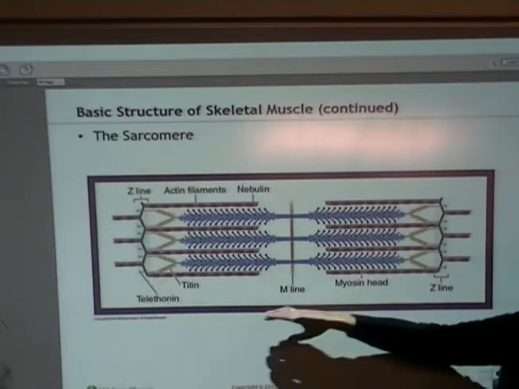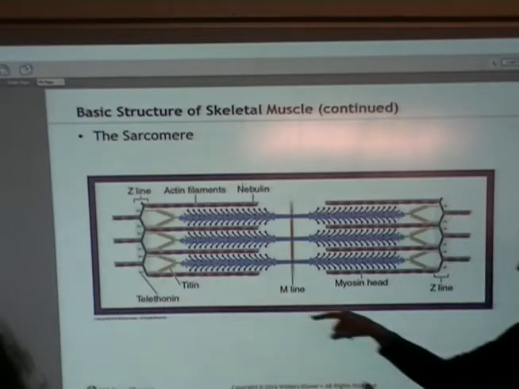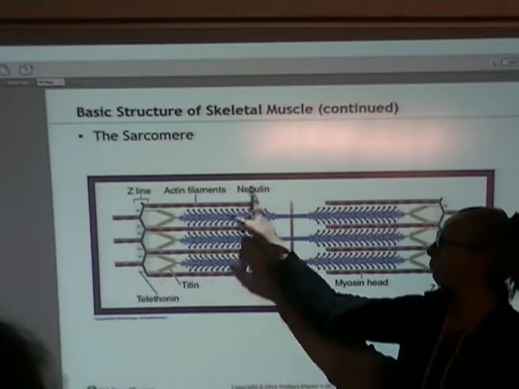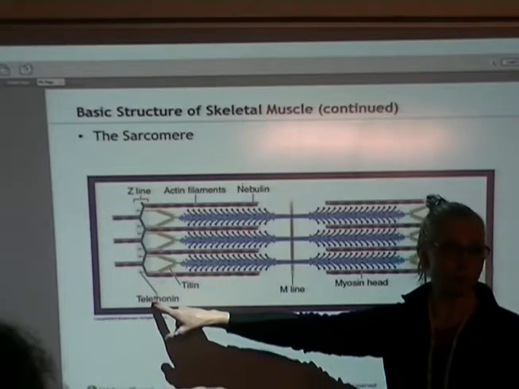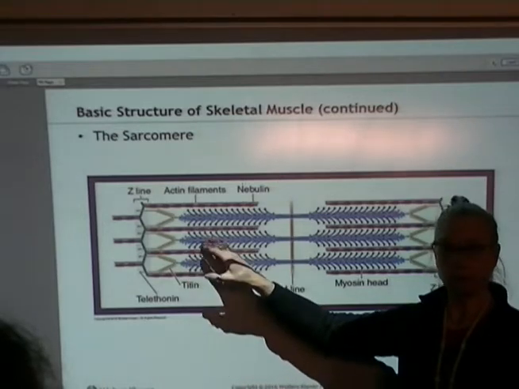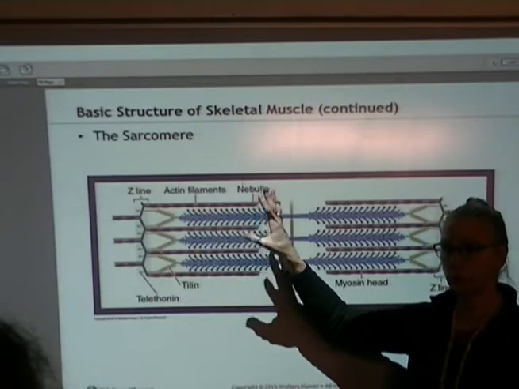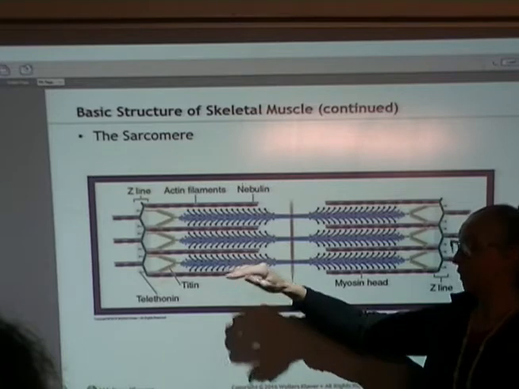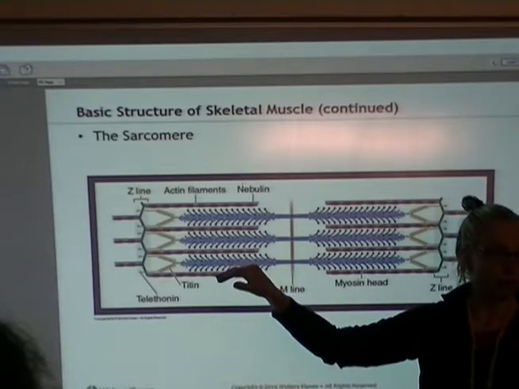Right. I'm not interested in the other three proteins. That's more than we need at this level. The two proteins we want to concentrate on are actin and myosin. Okay?